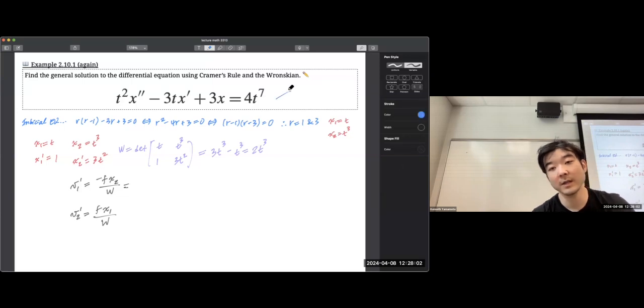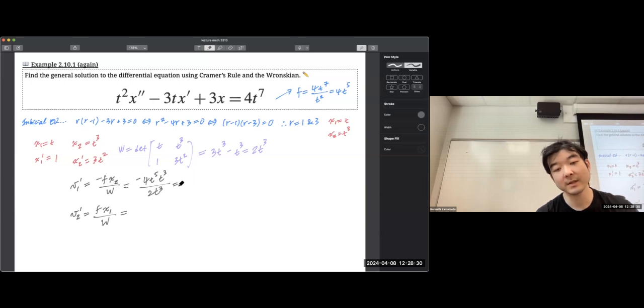Again, we have to use the f that comes out of dividing everything out. So here our f is going to equal 4t to the 7th divided by t squared, so it's really 4t to the 5th. So we have negative 4t to the 5th, x2 is t cubed, the Wronskian is 2t cubed.